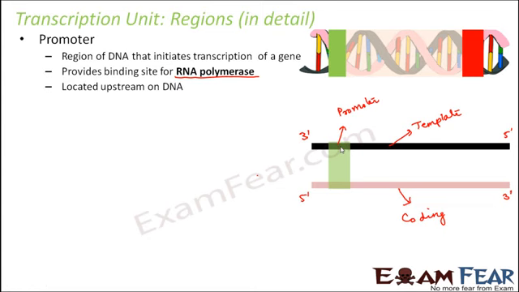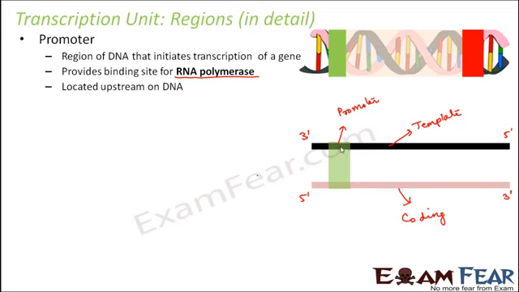The promoter is located upstream on DNA. Upstream means towards the upper side, like a small river flowing from the top of the hill to the bottom.